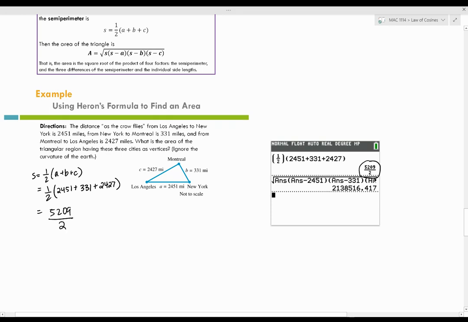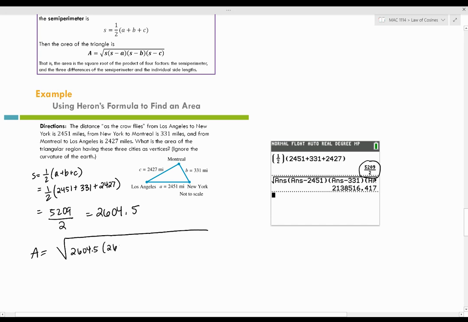Okay, so that's our semi-perimeter. And now we can use that to calculate our area. Let's get a decimal for that really quick so it's easier to deal with. 5,209 divided by 2 is 2,604.5.